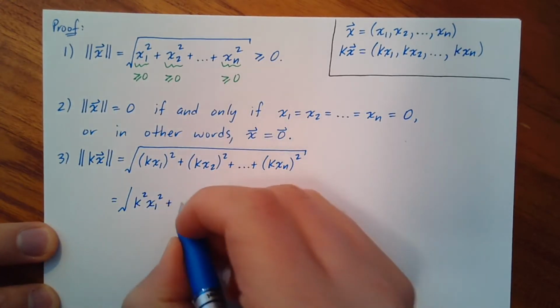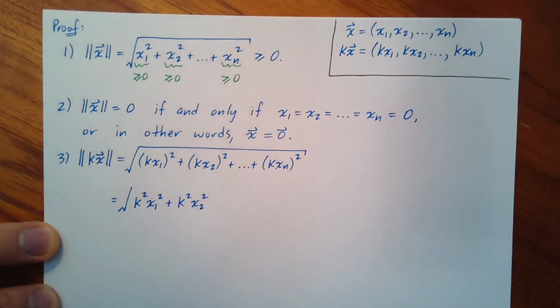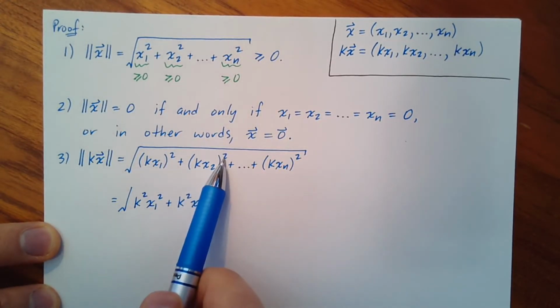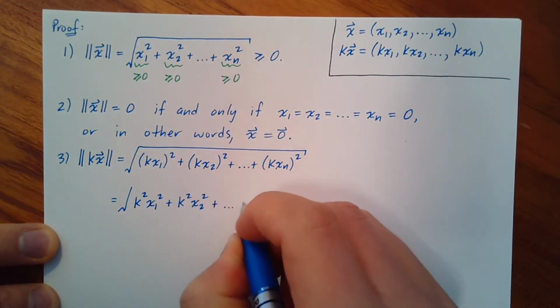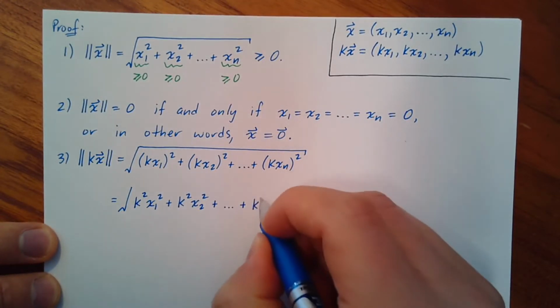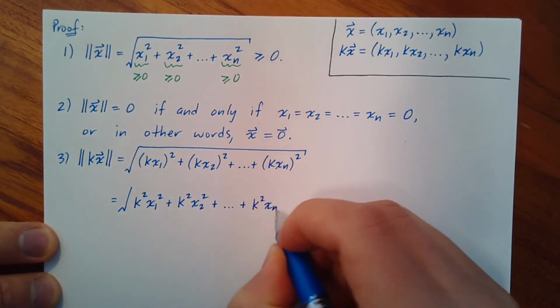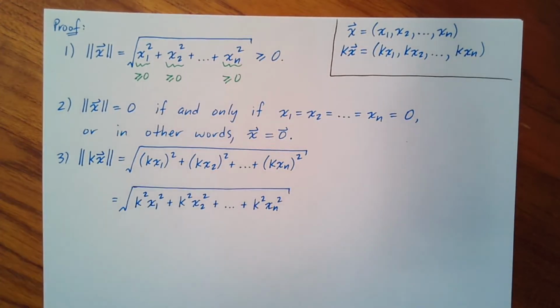Your second term, you've got k squared x2 squared. That's the second term if I apply the square to both of the two factors separately. And if I just keep doing that to each of the terms separately, the last one I'll have k squared times xn squared. Okay, so that's what you'll get on the next line.